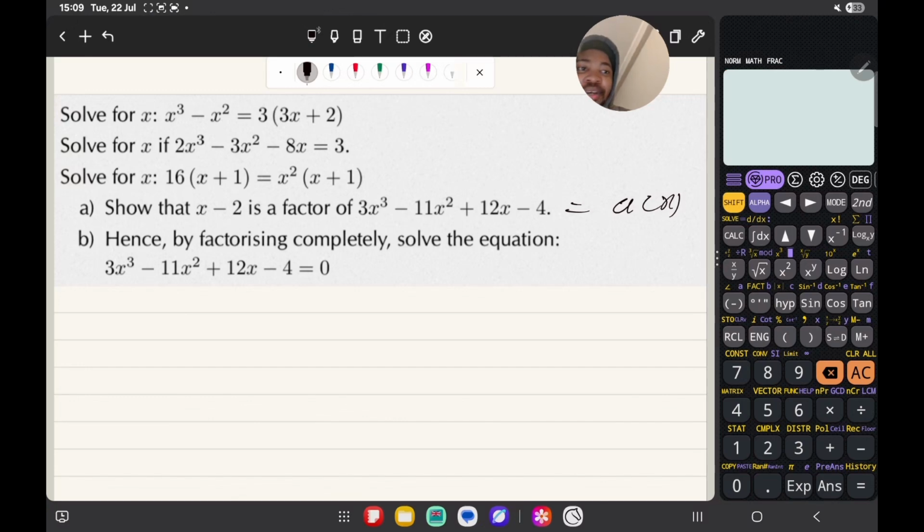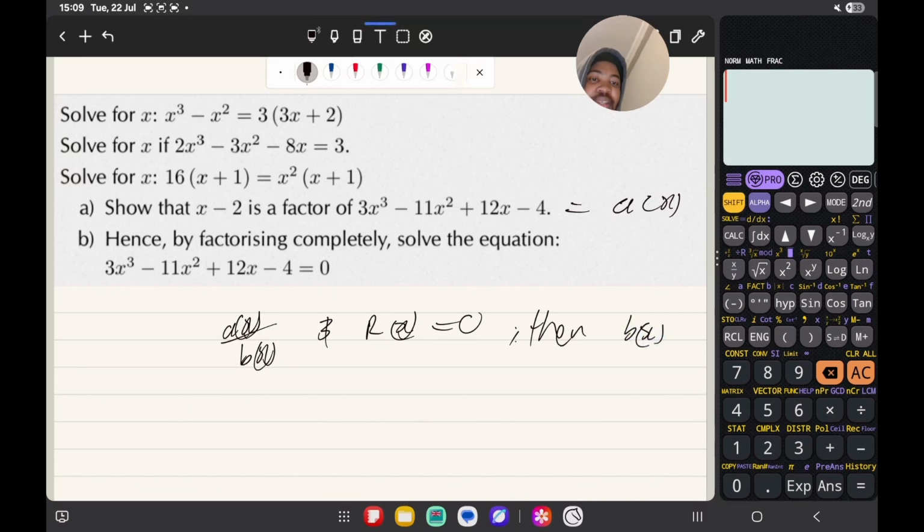So from the factor theorem, we did say if a of x is divided by b of x and the remainder is 0, then b of x is a factor of a of x.